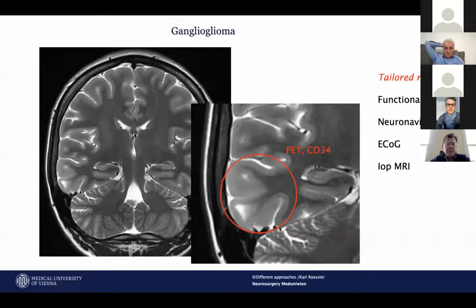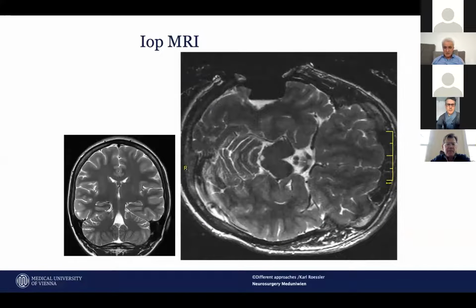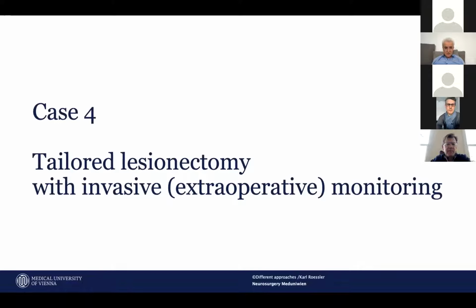This was a young patient with a left temporal ganglioglioma, and in these cases we do a greater resection than the lesion, a widened lesionectomy, tailored resection, because these gangliogliomas, of course, Ingmar would show it, they superiorly spread, and if you miss that, then the patient won't be seizure free. Also with contour guidance and intraoperative MR, we could manage to resect it.